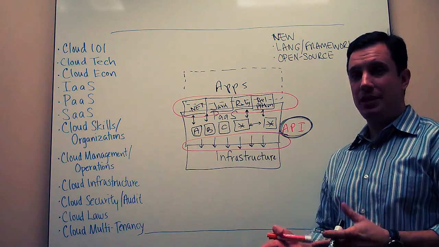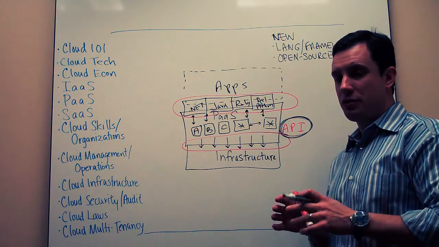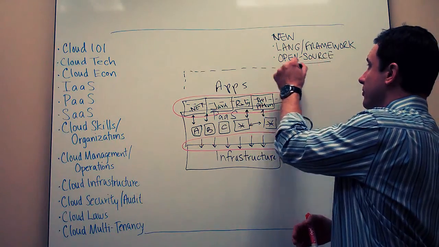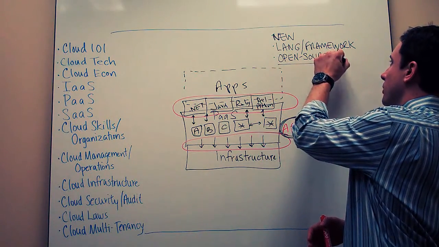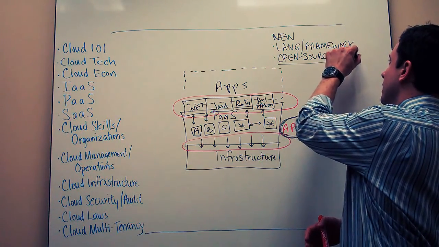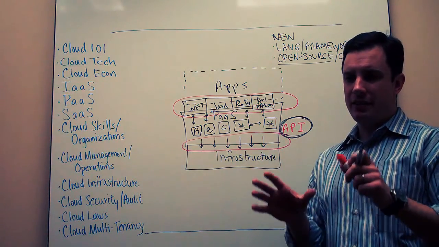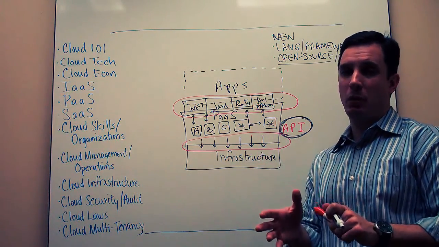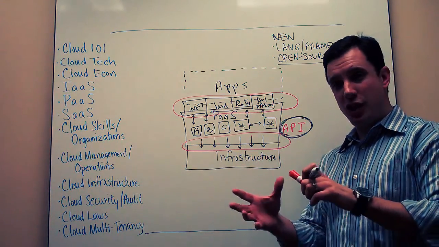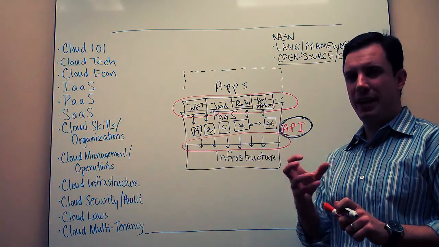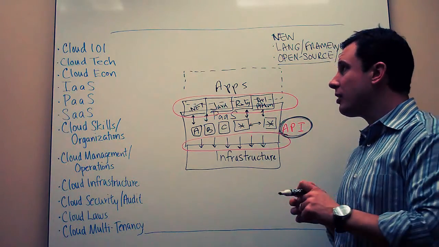So in some cases, organizations want to strictly work with open source. Others are okay with more closed environments that have more direct support models. But as long as they can get to the application framework the way they want to, they can manipulate it and change it the way they want to, that tends to be that next big critical thing.